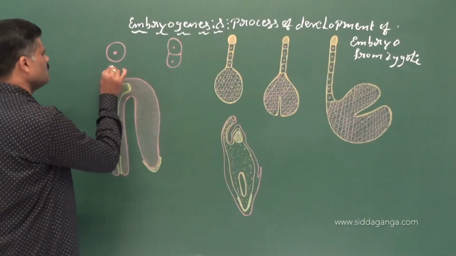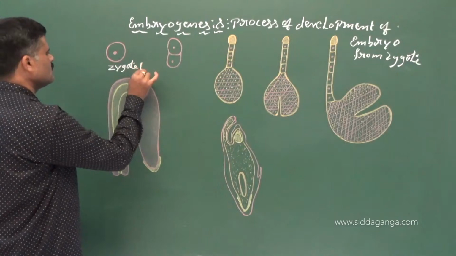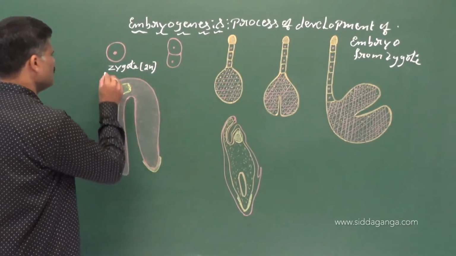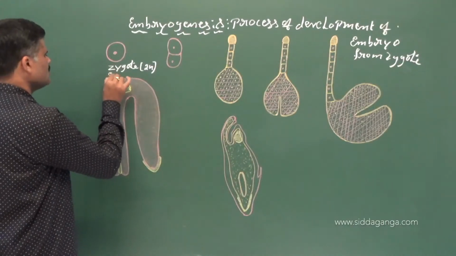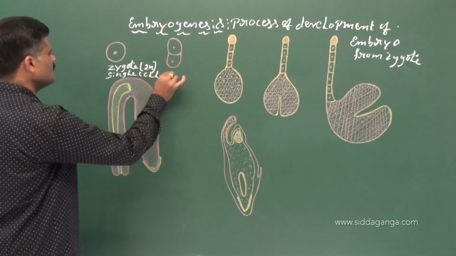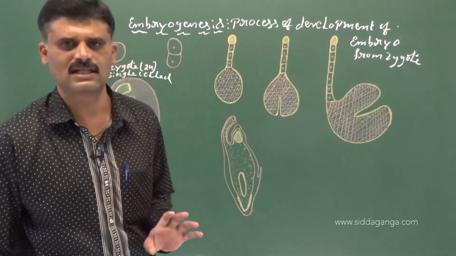See here, this is the zygote. Universally the zygote is diploid and the zygote is single celled. It is made up of a single cell.